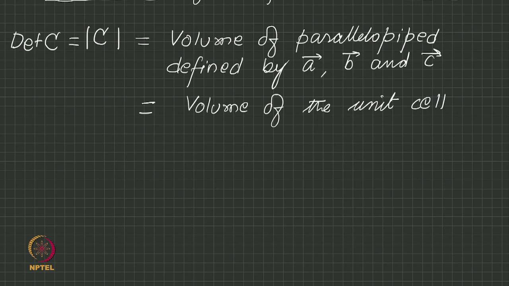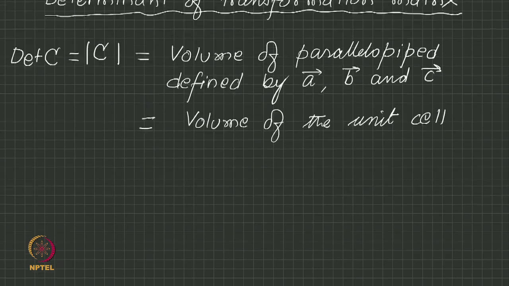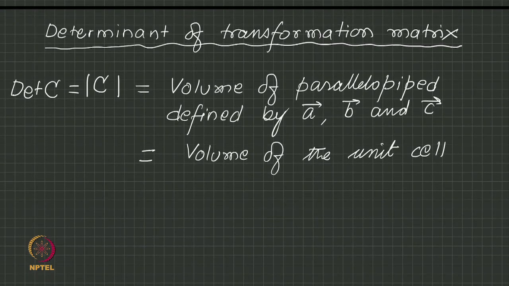Now, C was a special transformation matrix, from crystal to Cartesian. The determinant of that is the volume of the unit cell.